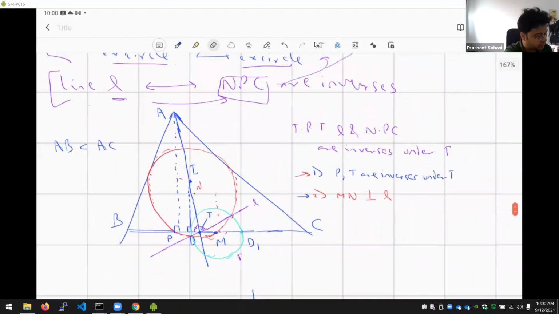Okay, so you can try doing the second part first. MN perpendicular to the line L follows more directly from the typical angles we know in an orthocenter configuration. You can raise your hand in case you have already done the second part.